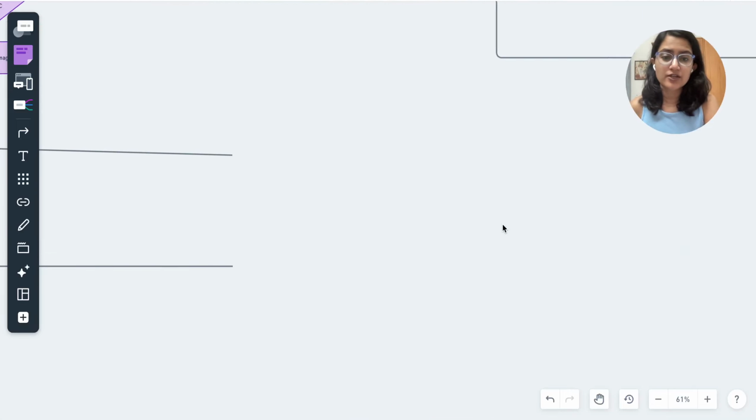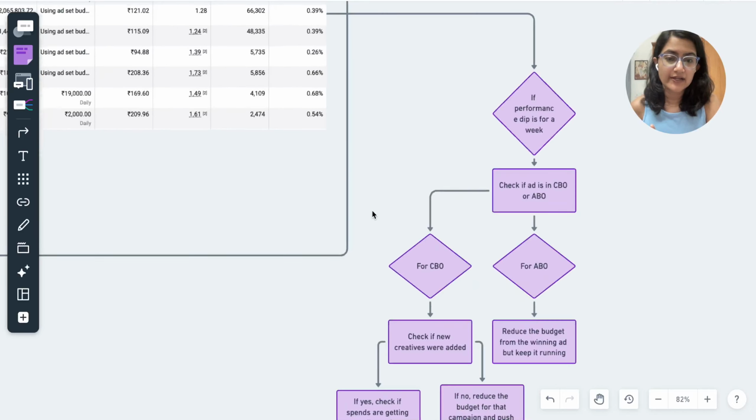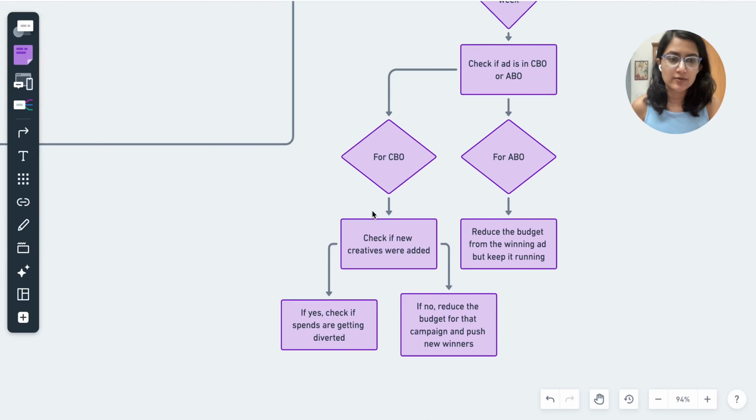Now, what to do if that ad is in an ABO campaign or a CBO campaign? If it's in an ABO campaign, it's very easy: you can just reduce the budget for the non-performing ads.